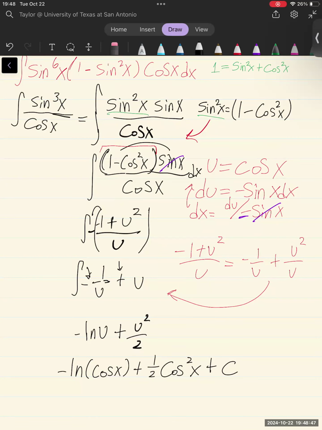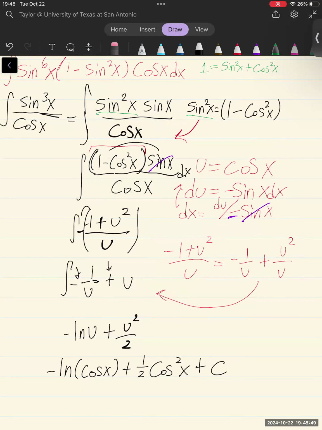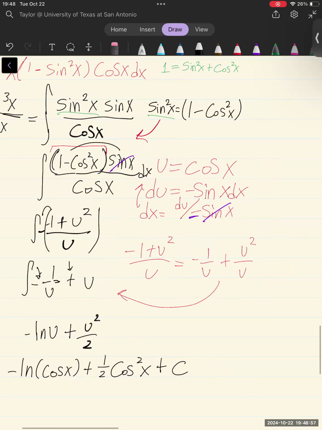Not necessarily, because there are instances where your dx term ends up being some expression times du, and then we would use it to cancel the denominator. I can't think of any examples off the top of my head at the moment.